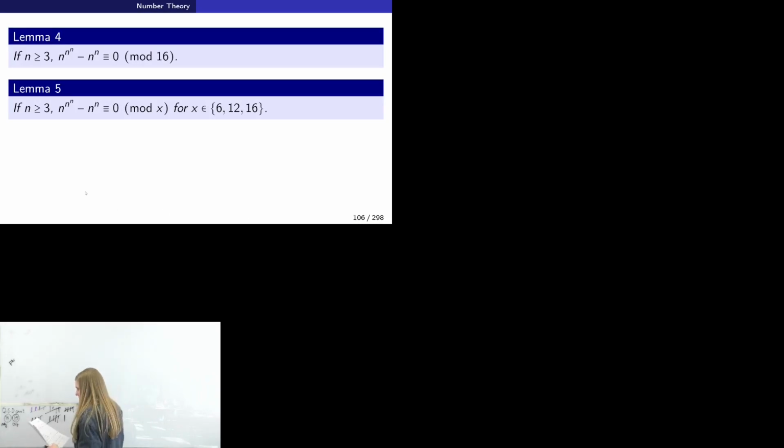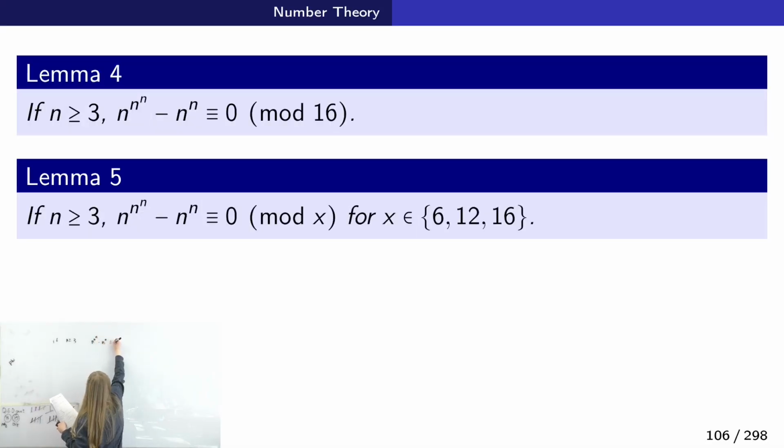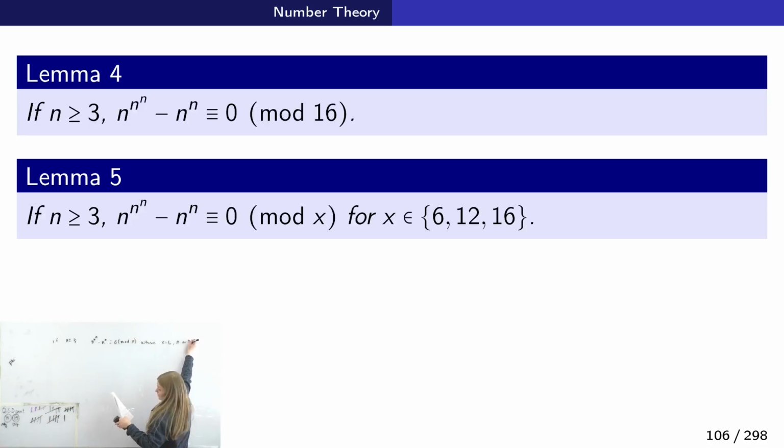So, lemma 5 is that if n is greater than or equal to 3, then n^(n^n) minus n^n is congruent to 0 mod x, where x is equal to 6, 12, or 16.